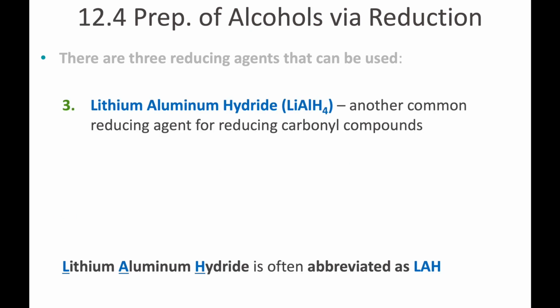And lastly, the third method is using lithium aluminum hydride, also abbreviated as LAH. And so again, we have LAH as our hydride source to go in and do an attack. Now, the only key difference is that LAH is very strong, so it cannot be combined with any source of protons. So you must add water as a second step and not together in the first step.